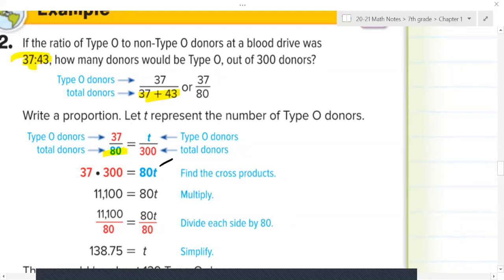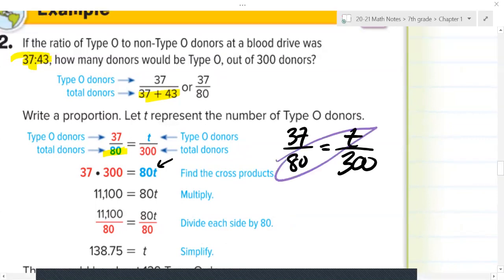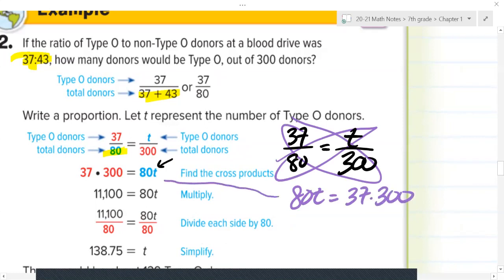Now, it skips a step here as far as the cross products goes. So I'm just going to rewrite this here. 37 over 80 equals T over 300. I need to find the cross products of those numbers. So I have 80T equals 37 times 300, and that brings us back to right here.